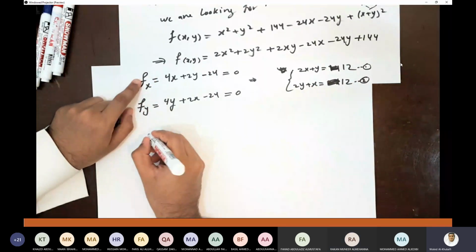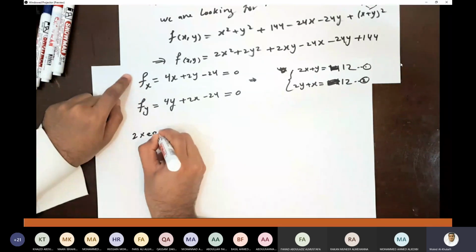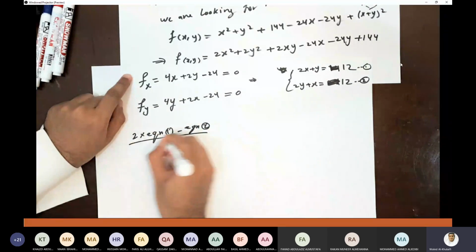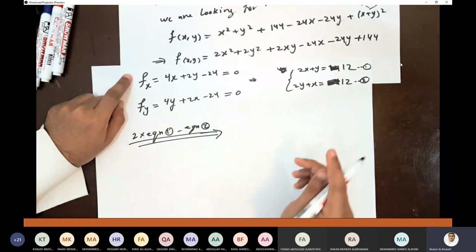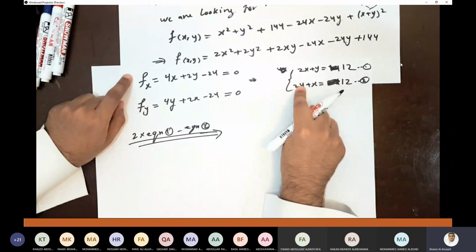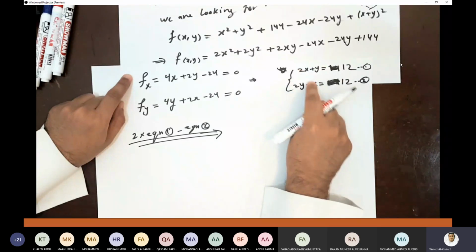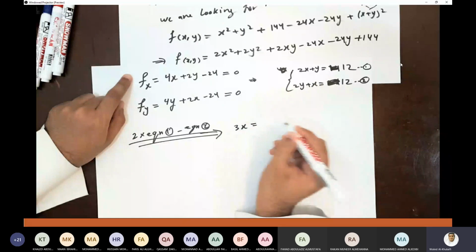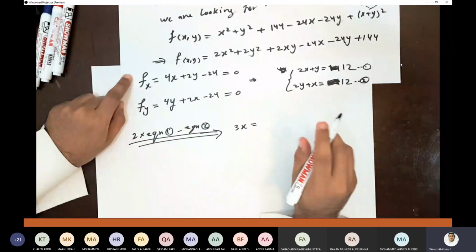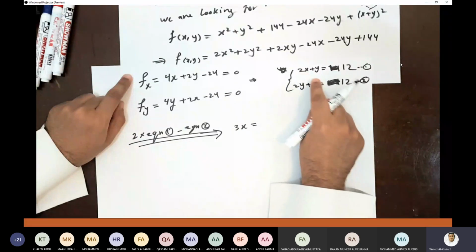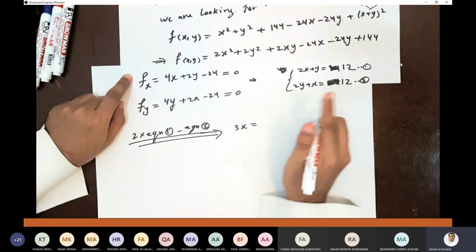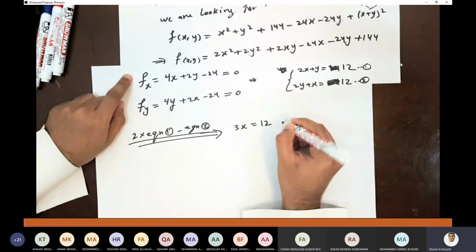So if you say 2 times equation 1 minus equation 2, if I multiply this by 2 and subtract it from the below, the 2y will cancel with 2y, right? Then 4x minus x becomes 3x. 4x minus x we get 3x, 2y minus 2y will go, 24 minus 12 becomes 12, right?